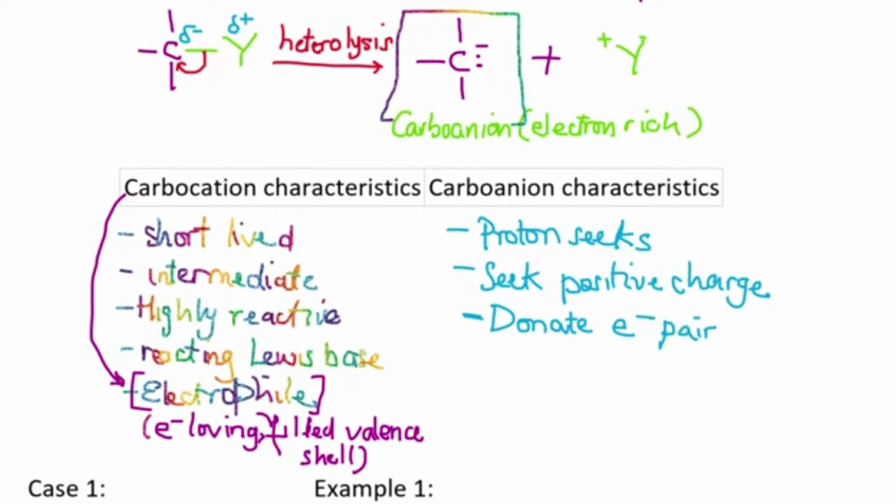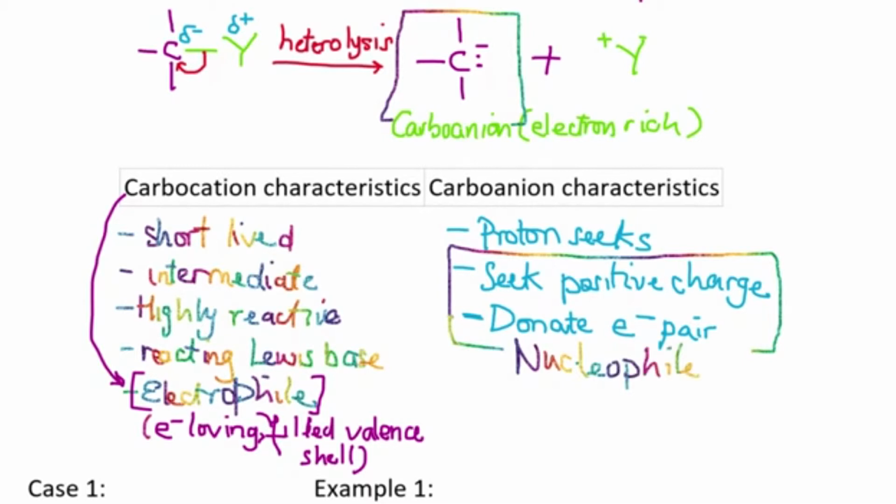So the combination of these two here is actually a big characteristic of the other name, which is called nucleophile. In this part, nucleophile means that this species, carbanions, loves a nucleus, and you know what the charge of a nucleus is.